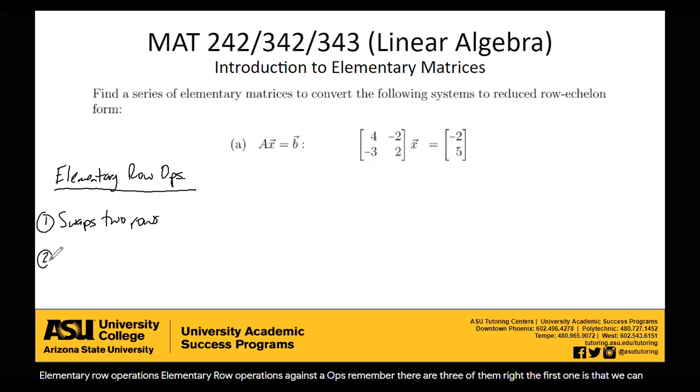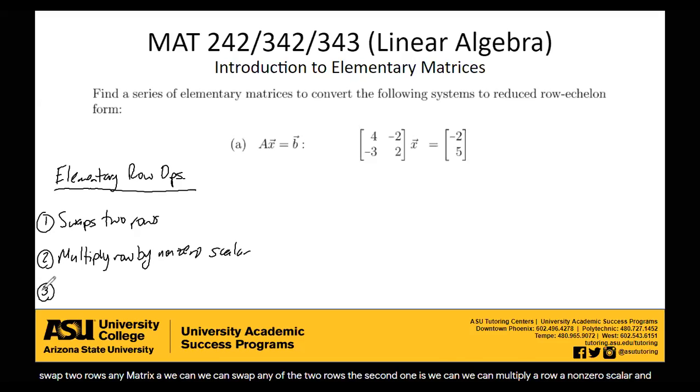The second one is we can multiply a row by a non-zero scalar. And the third one is that we can add a multiple of one row to another. Okay, so these are our elementary row operations.